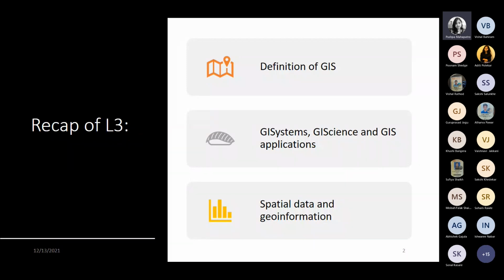How many steps are there in GIS definition? 4 steps. Okay, what are the 4 steps? Yes, those are online. They should also answer.